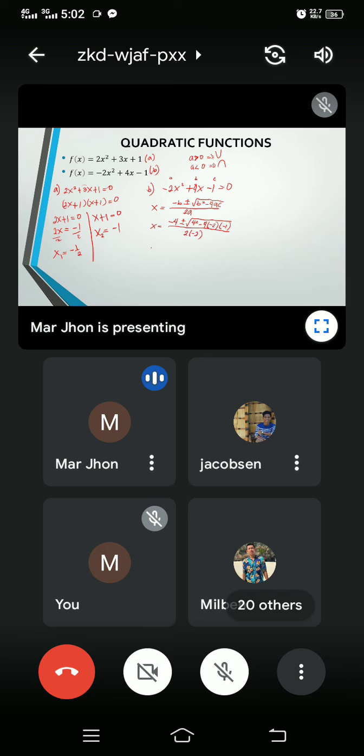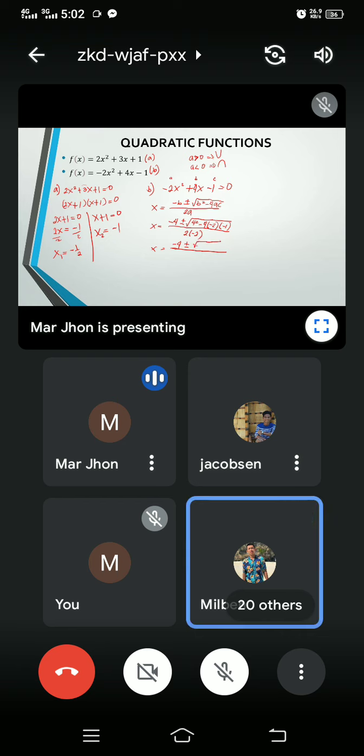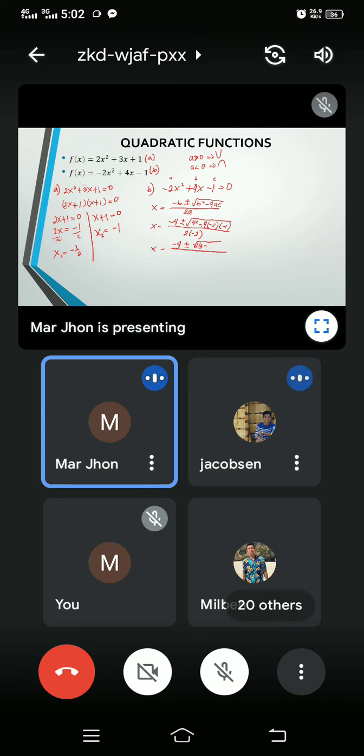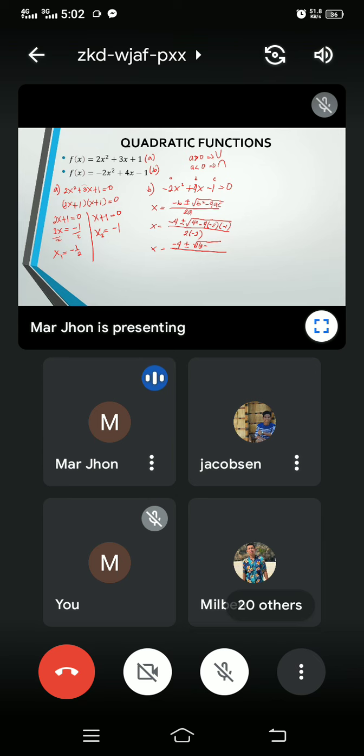So we have x is equal to negative 4 plus minus. 4 squared is 16 minus, positive times negative times negative: positive times negative is negative. And 4 times 2 is 8, times 1 is 8.